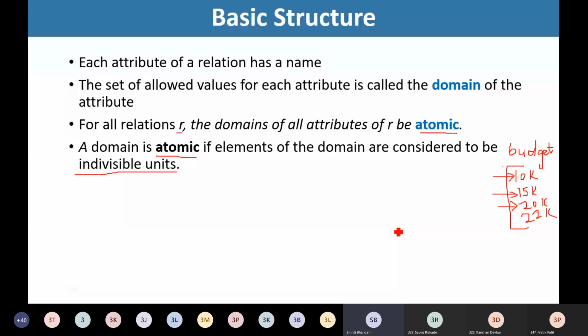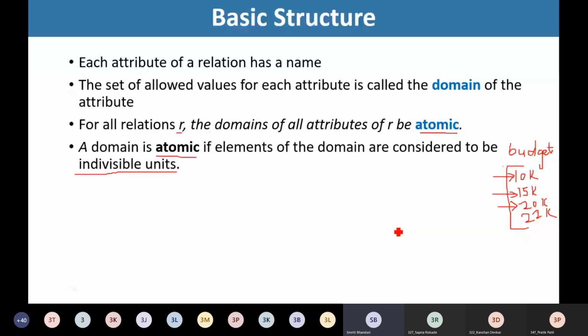It is a number, considered a whole quantity. So these elements in the domain budget are indivisible units that cannot be divided into subparts, and that is why we say that this domain is atomic.